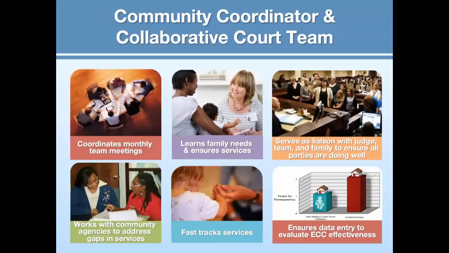For example, when children are removed, the parents lose their Medicaid. So one of her moms was depressed. She lost her depression meds because the children were removed. Well, if we're ever going to reunite this family, we need to make sure the mom has her medication. So we were able to quickly get her meds back because we knew that.